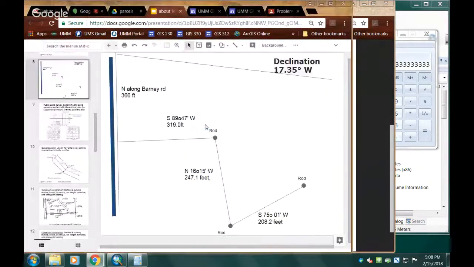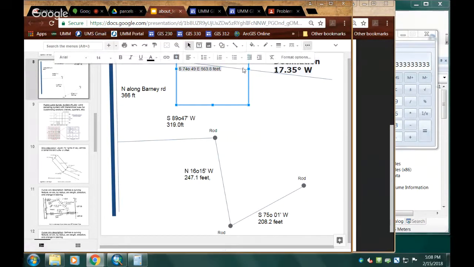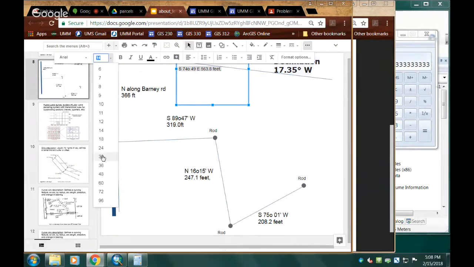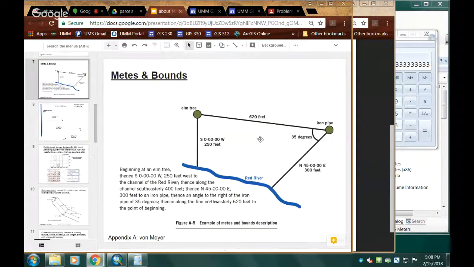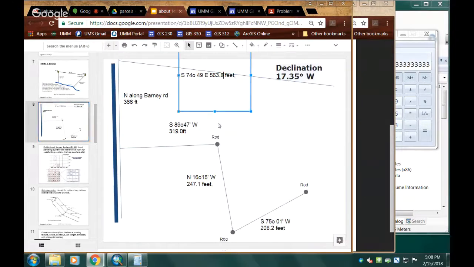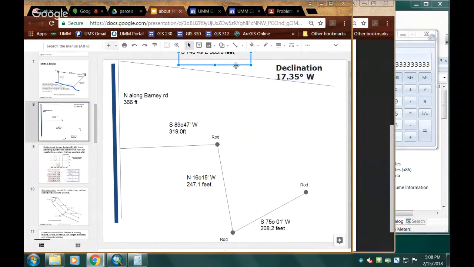Copy that and paste. Put that in there. There we go. And there's a rod, so I need a rod symbol here.